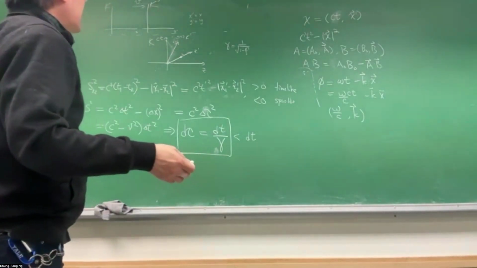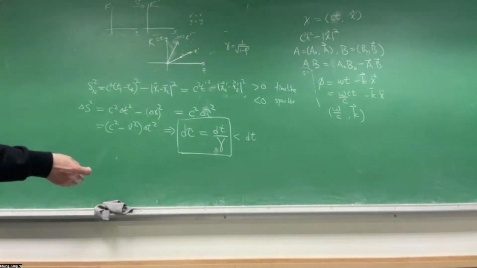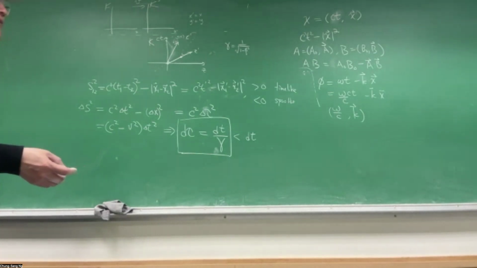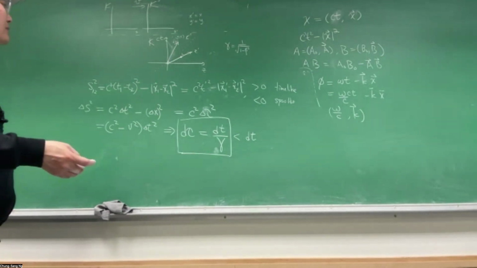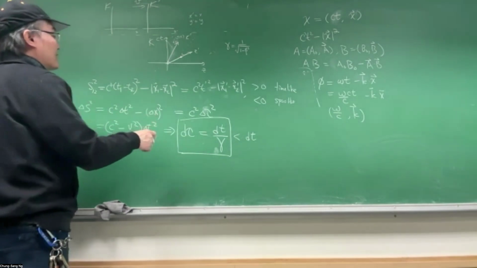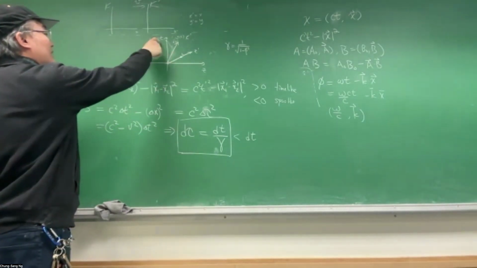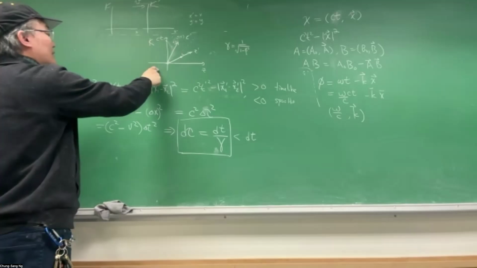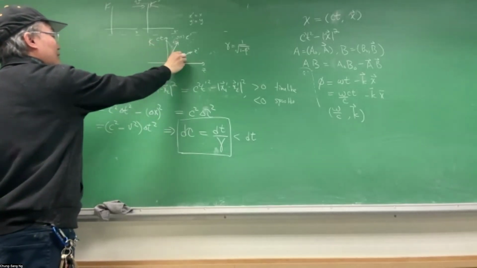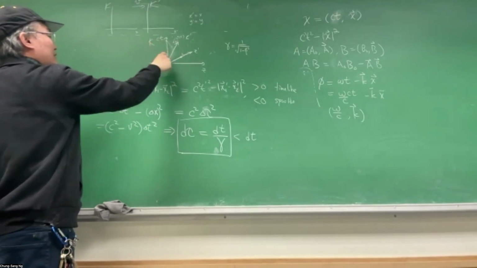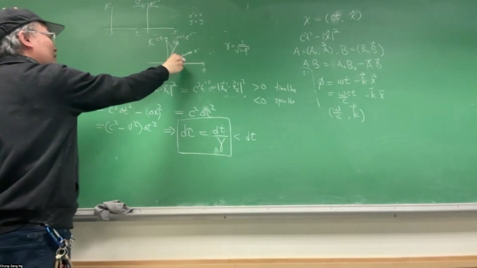The space contraction is saying that if you measure this ruler at the same time in the K frame, what is the length? That's an operational statement. You need to measure this ruler at the same time t, which obviously is not these two events, because for these two events t is different. This already moved.